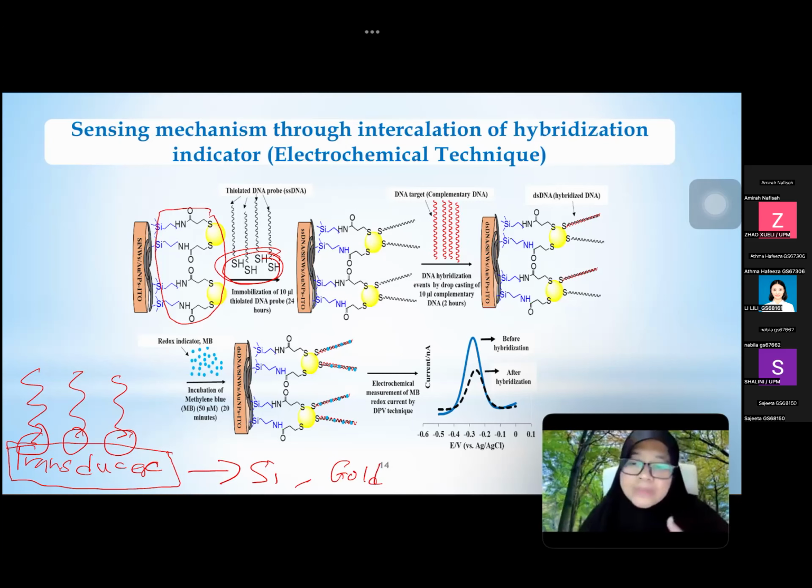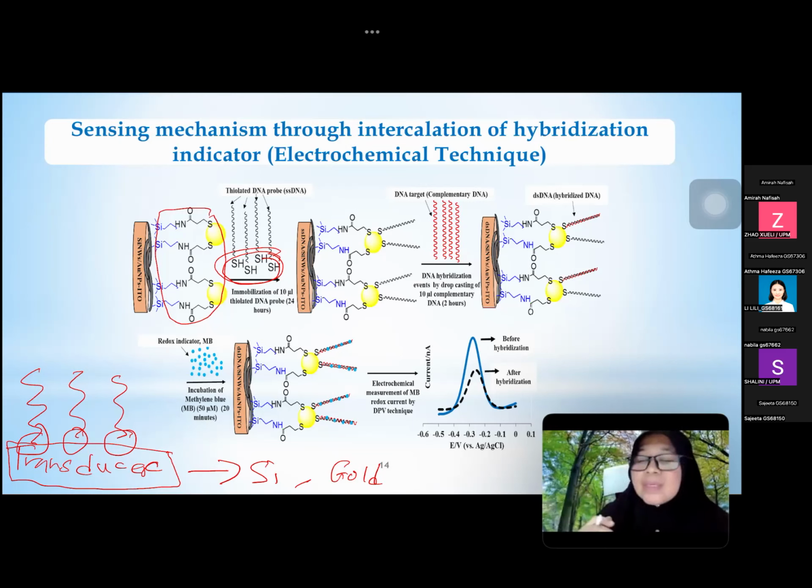So a gold surface has different chemistry compared to silicon. We need the right chemistry to attach DNA receptor on top of silicon, or if we choose gold, then we need to know the right chemistry to attach DNA on gold. So the chemistry of attachment of the receptor is very important.